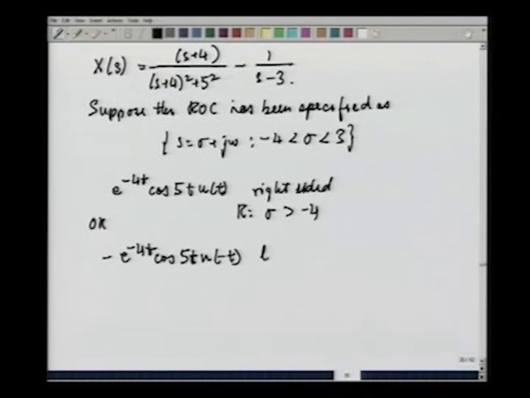In this case it would be left sided, and the ROC would be sigma less than minus 4. These are the two possibilities for the first term.